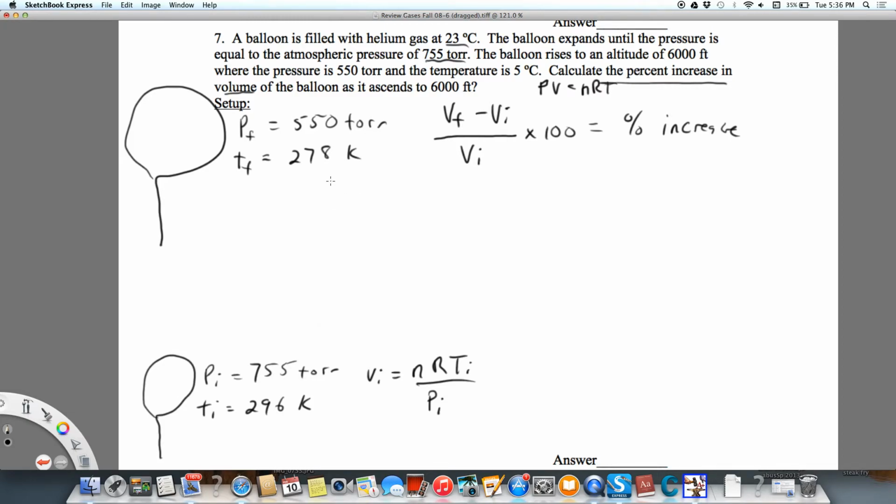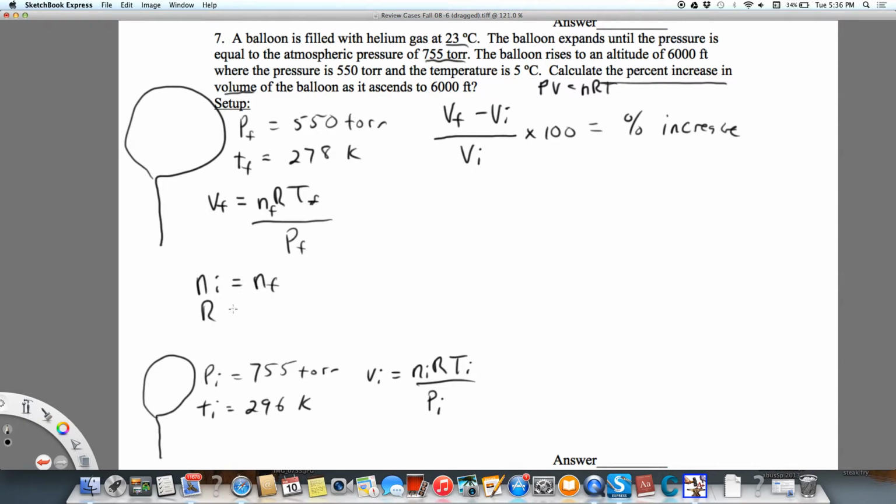Well, our final volume is going to equal nRT. This is going to be final temperature, final moles, over pressure final. We'll put initial here. Well, if you start thinking about it, the moles are going to be the same, because the moles initial equals the moles final.